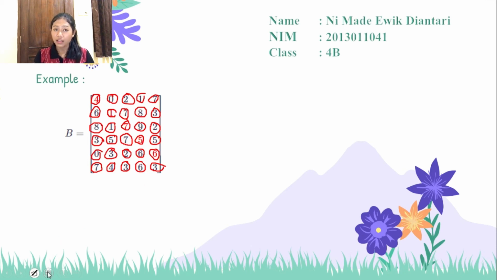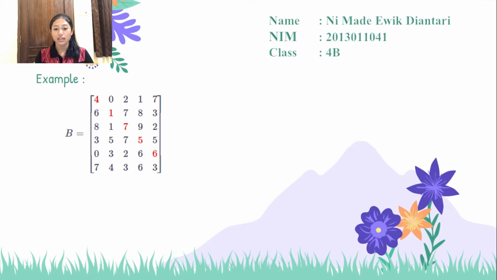The 30 elements are arranged in 6 rows and 5 columns. Now, identify the elements whose row and column are the same.